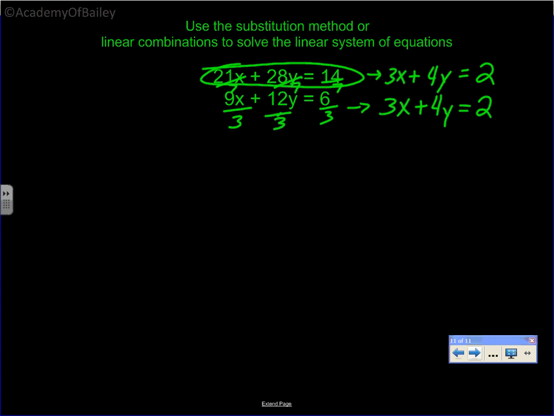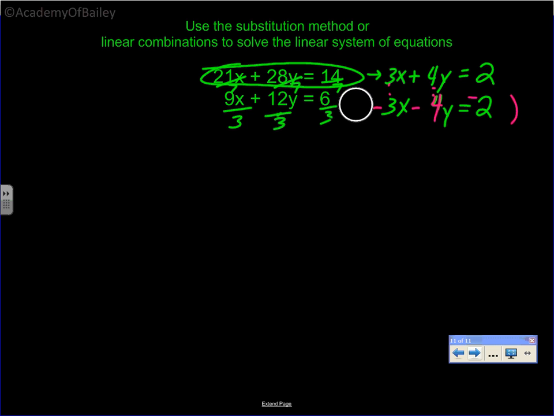And so now the numbers in front of the x are the same, and the numbers in front of the y are the same, so we just need them to be opposite. So let's just multiply the bottom equation by -1, so that gives us negative 3x, negative 4y, and a negative 2.